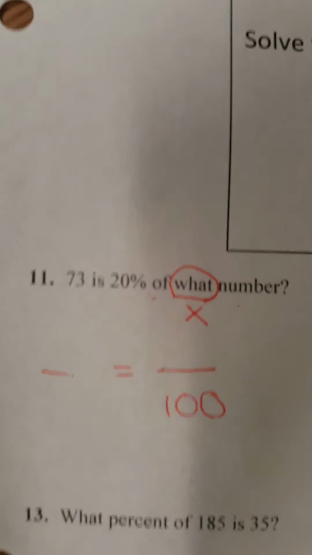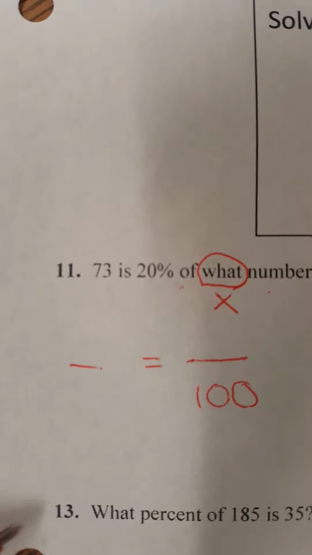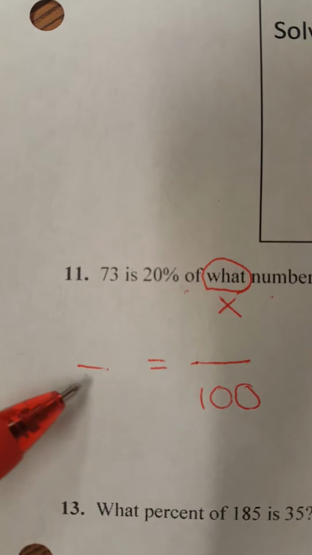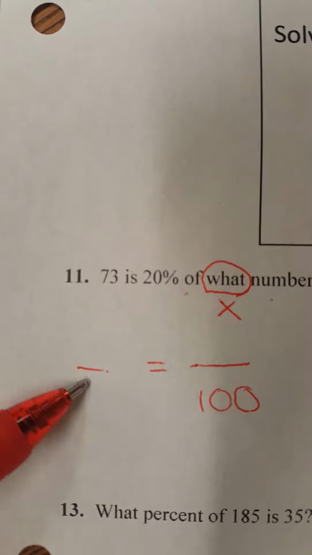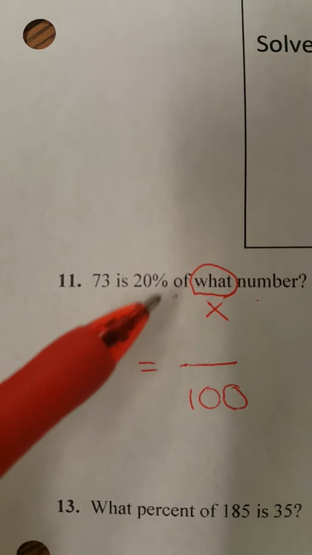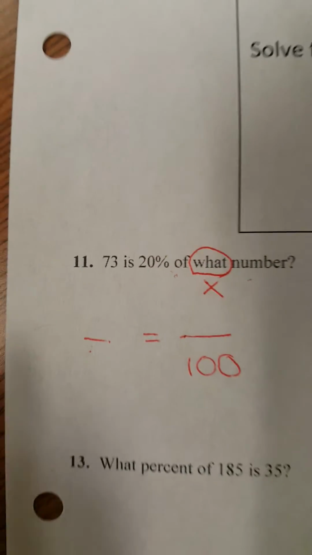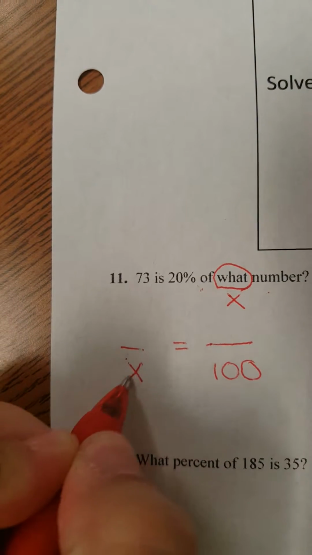So if I go back down here, I know that my variable is going to go in the of location, because it says of what number. So I'm going to go ahead and put my variable right down here.